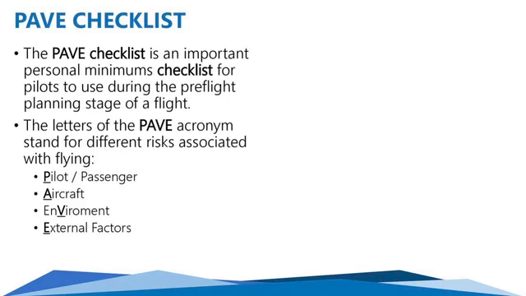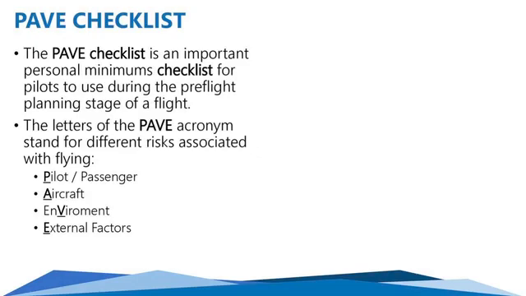What I'll do is briefly go through what you'd expect to find in each one of these sections. Then we'll look a little bit more in detail. We don't have enough time to do the entire PAVE checklist, but we'll go into more detail on the first section, which is the pilot and passenger.